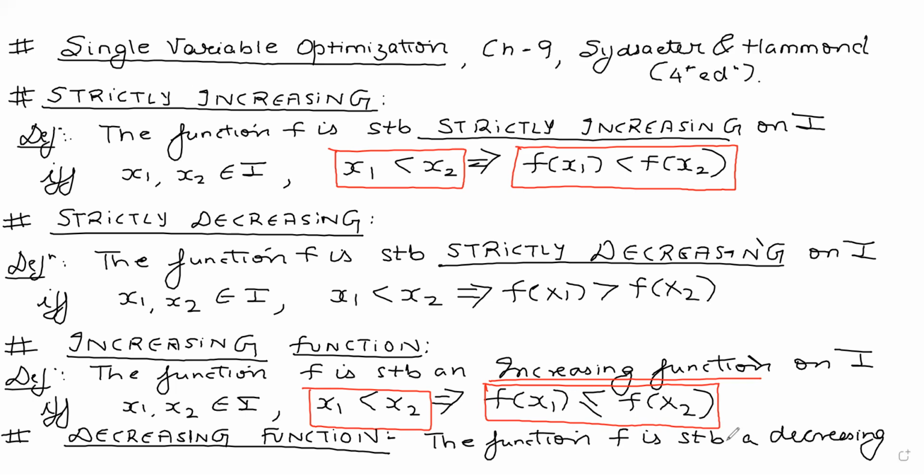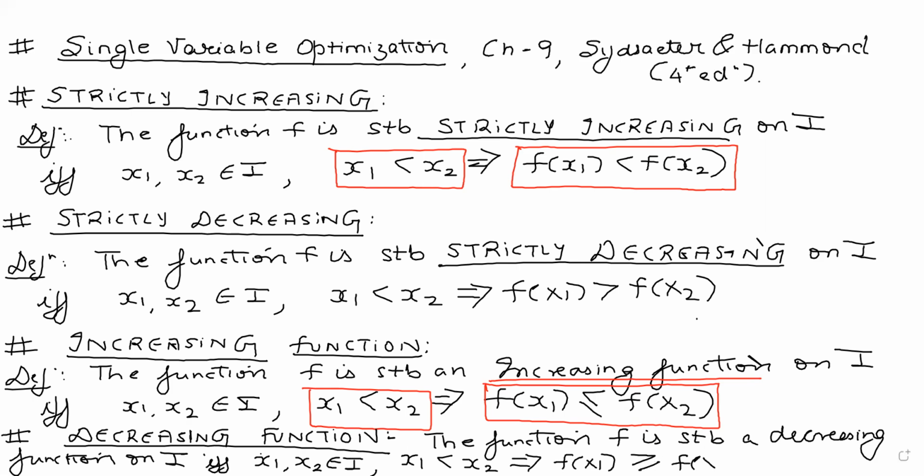The function f is said to be a decreasing function on the interval I if and only if for two values of x belonging to the interval I, x1 less than x2 implies f of x1 is either greater than or equal to f of x2.